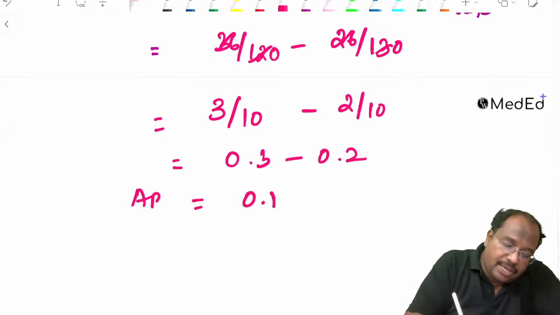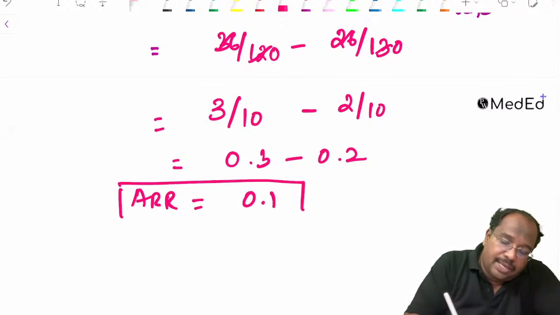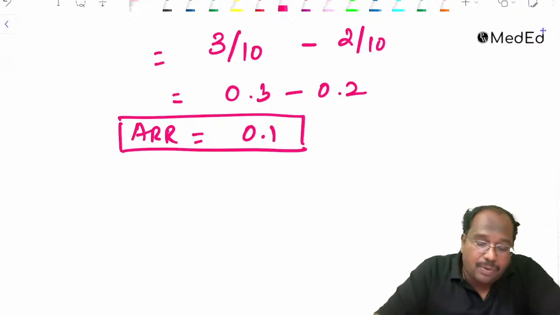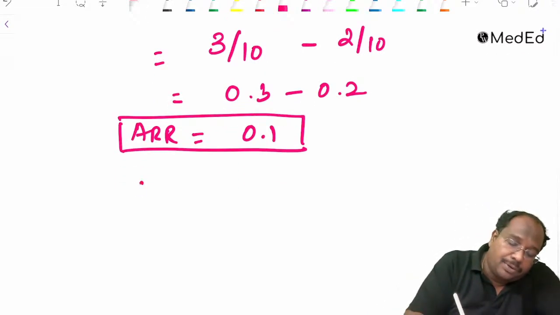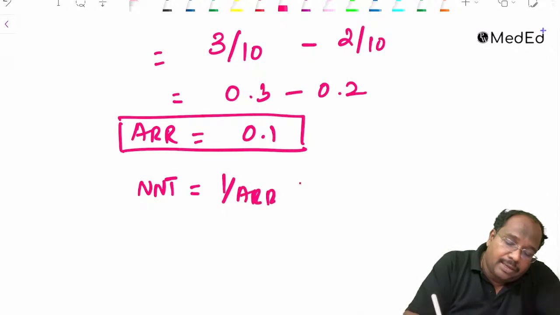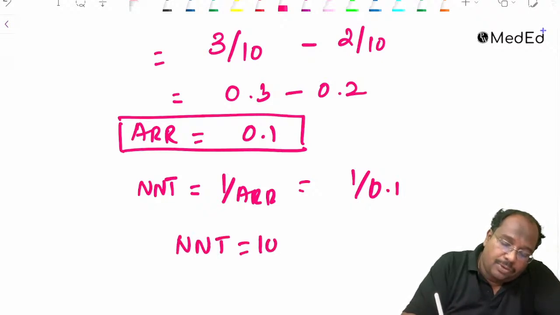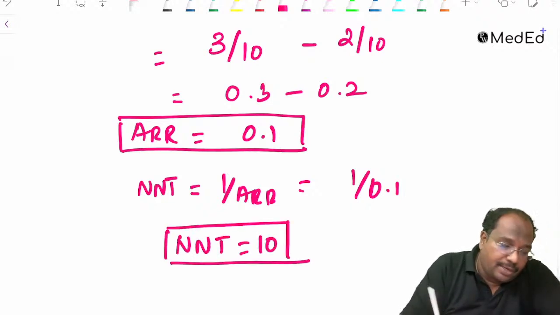This is ARR, absolute risk reduction. But what we actually want is NNT, number needed to treat. So NNT is 1 by ARR, that is 1 by 0.1. So NNT is equal to 10, guys.